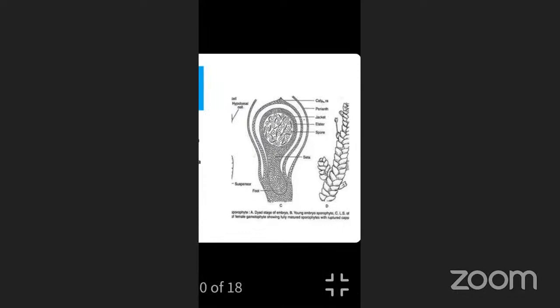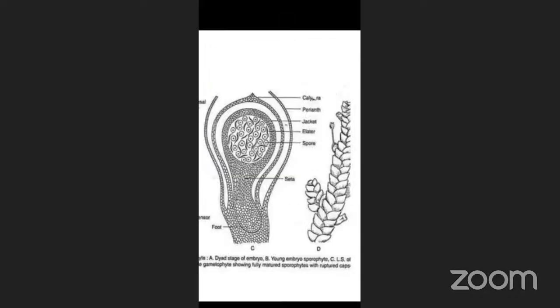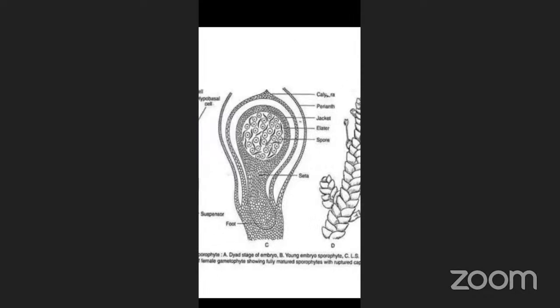This one is the Pellia. In Pellia, the zygote undergoes a number of divisions after fertilization.